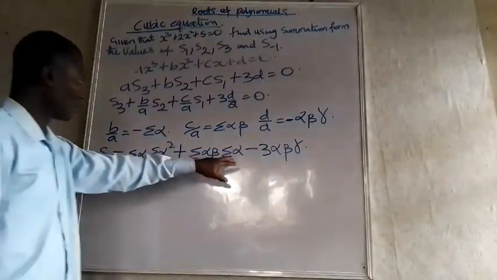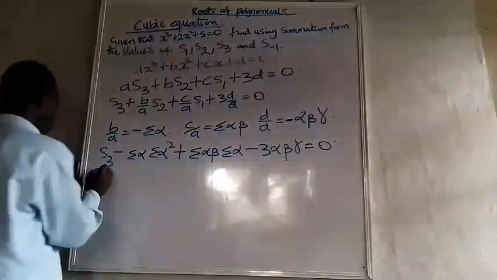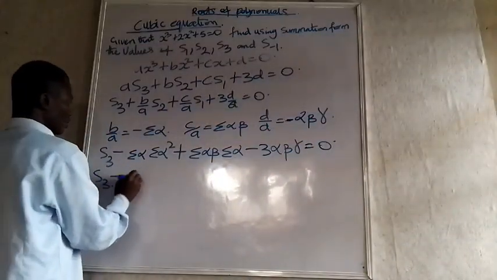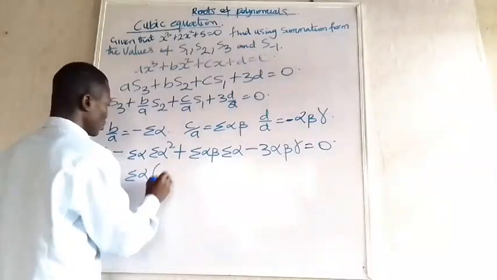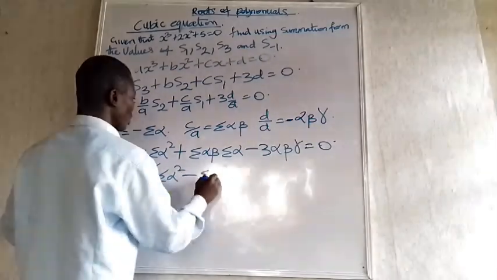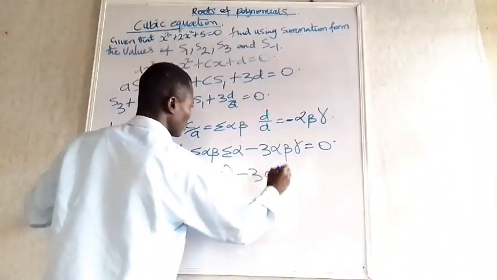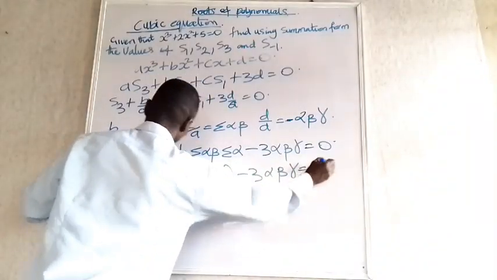Now, we have this common to these two. So we have S3 minus summation alpha into summation alpha squared minus summation alpha beta, minus 3 alpha beta gamma.